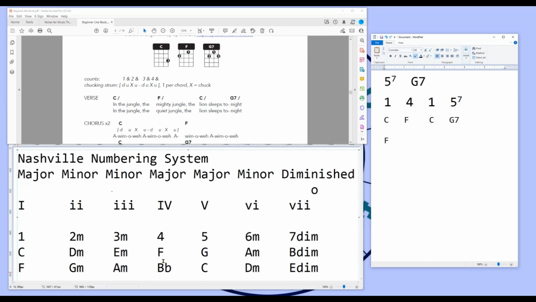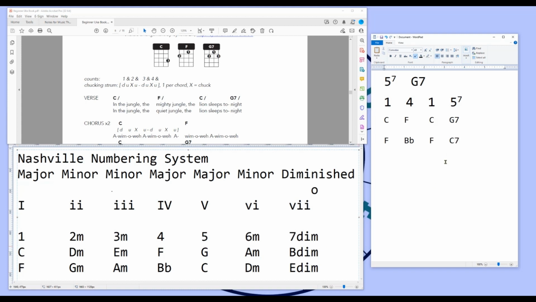What's the 4 chord in F? It's a B flat. And then F again, which is the 1 chord. What's the 5 chord in F? C. So this would be a C7.